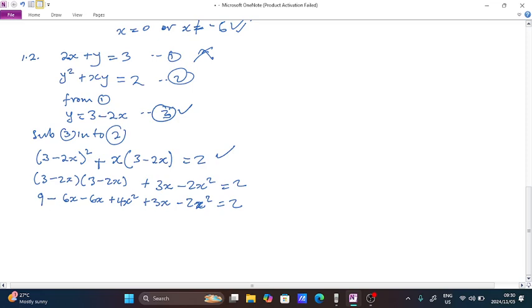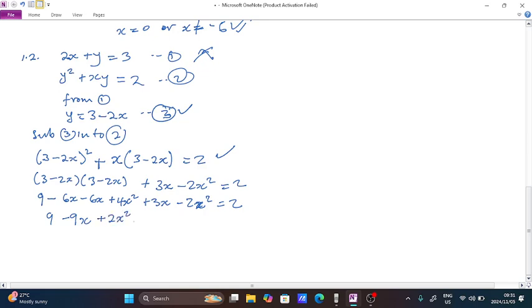Now look at this. Can we work out the like terms here? So 9 is a constant, we have 9. I get negative 6 minus 6 plus 3x. What do you get? Minus 9x. Then the x squared terms, you get what?